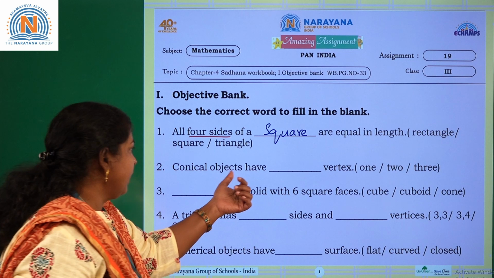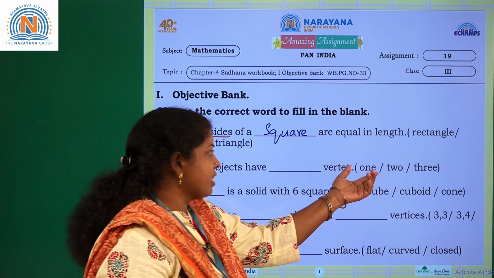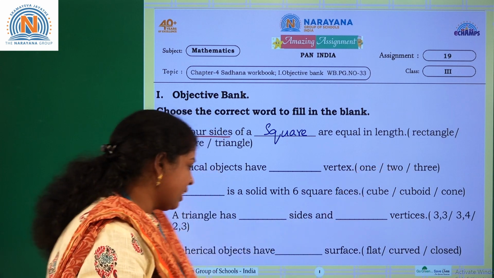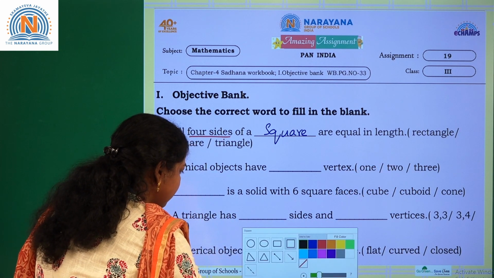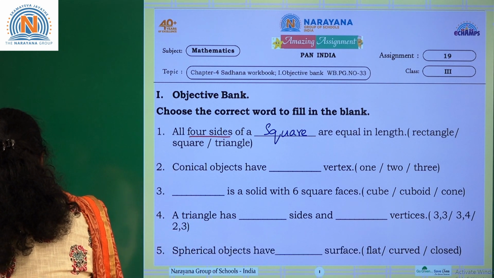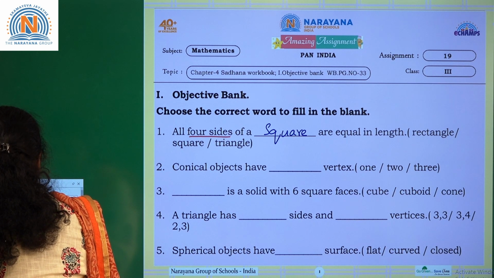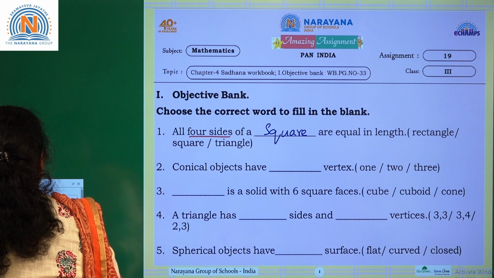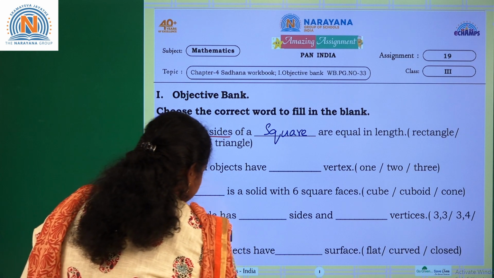Next one, conical objects have dash vertex. How many vertices are there for a conical object? Let us count the number of vertices for a conical object. Let us take a conical object. If there is no cone, we will draw one.